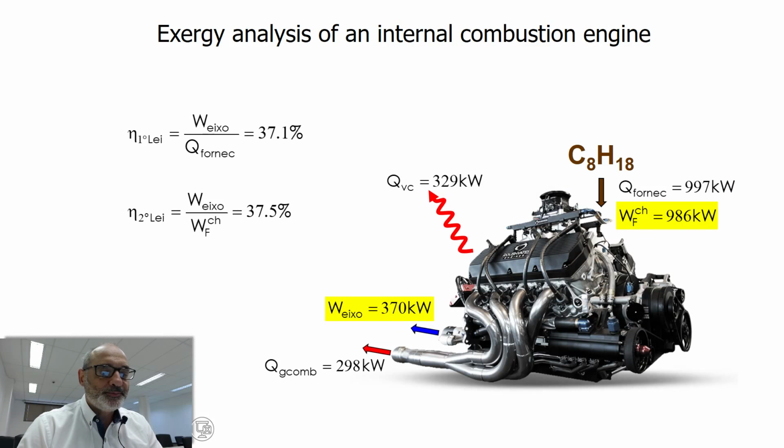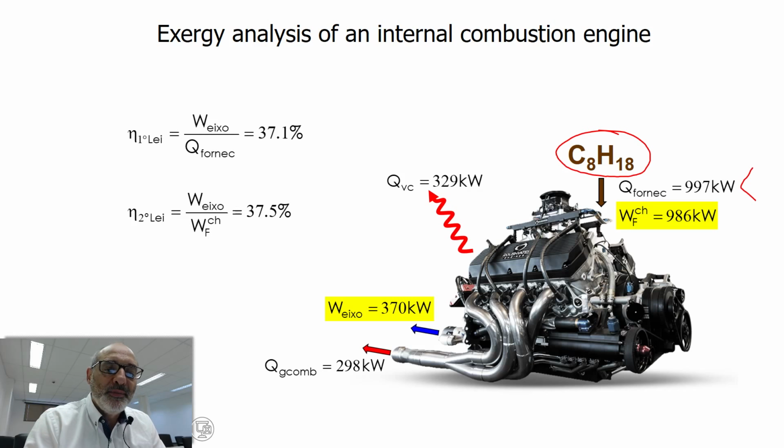Well, let's summarize our results. I'm supplying octane at a certain heat content. If I burn this C8H18, I can produce this amount of heat. And if I pass this to a Carnot machine, I get this work.